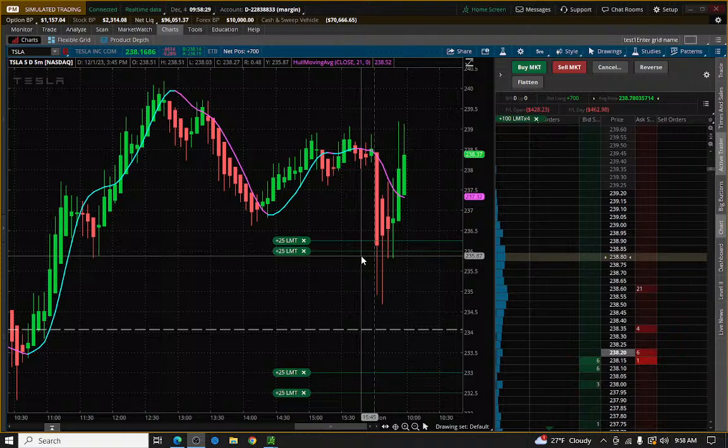RSI was developed in the 70s, MACD they came up with in the 60s, and stochastics is back in the 50s. We didn't have modern computers like we do now.